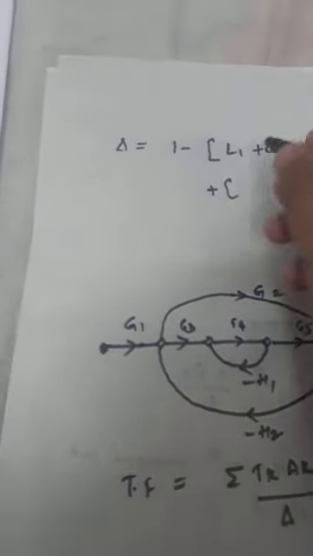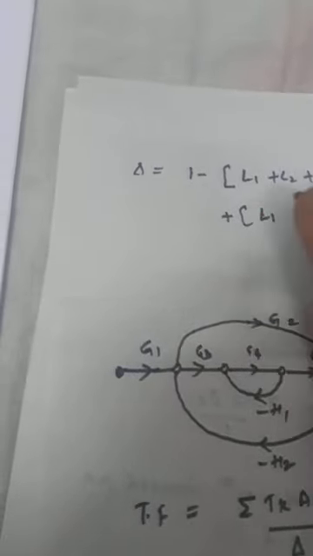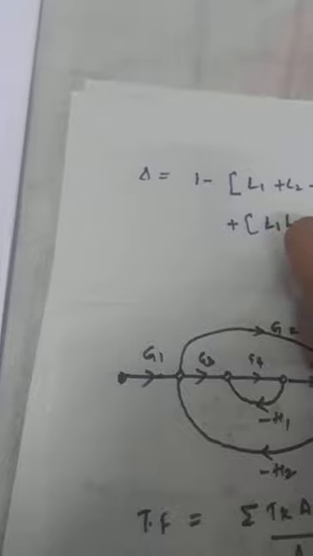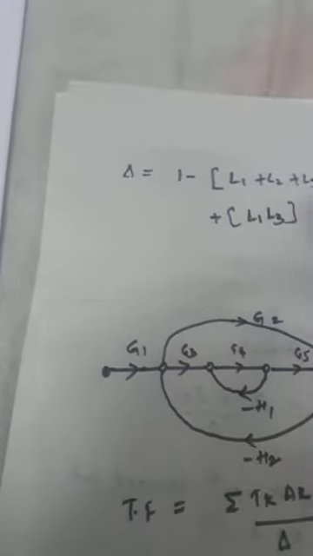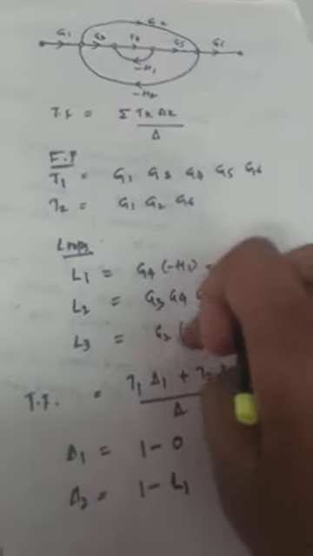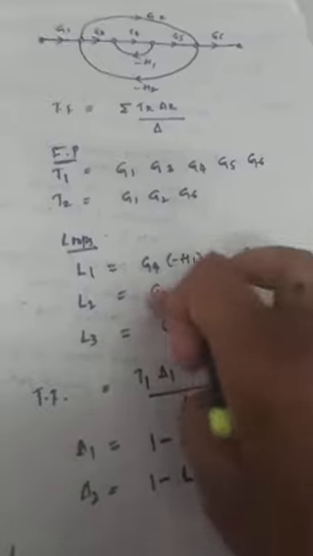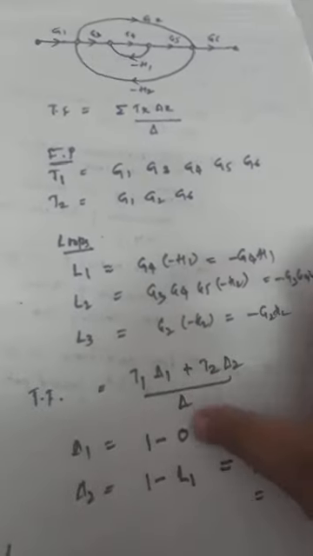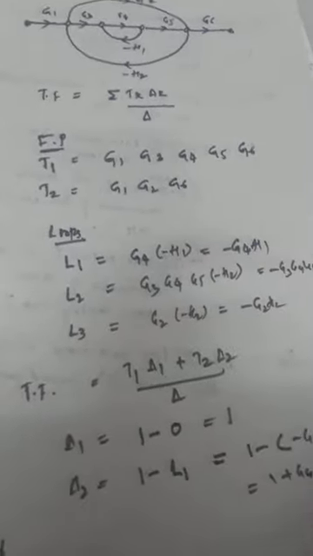Okay, but according to the formula we should write the combination of two possible non-touching loops. So here the two possible non-touching loops can be written as L1 into L3. Next, if we have three non-touching loops, we should get three non-touching loops here. Here we cannot get three non-touching loops. Here we have the possibility of only getting two non-touching loops.